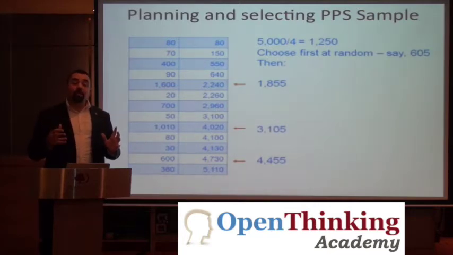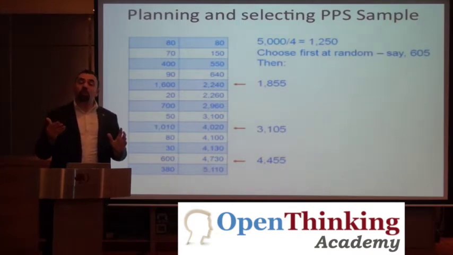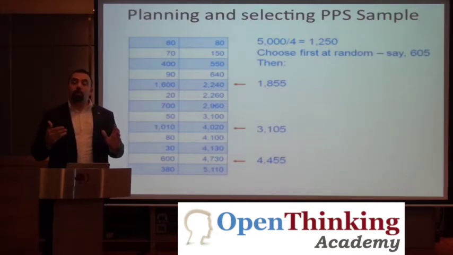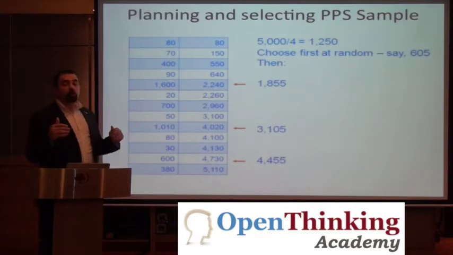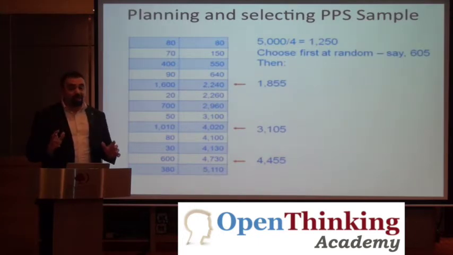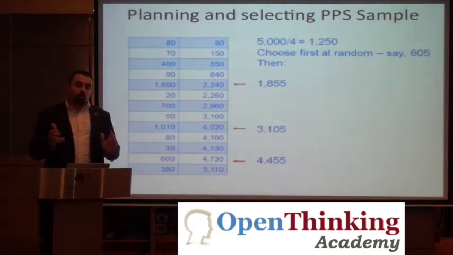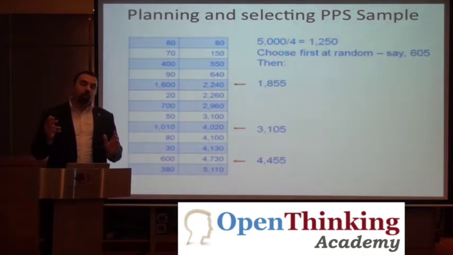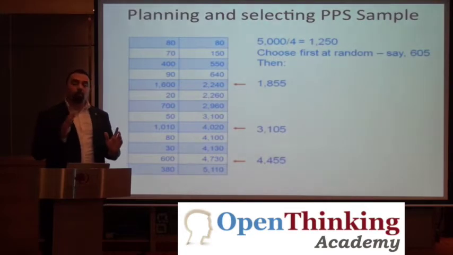So we want to say every time the organization processes $1,250 worth of invoices, we need to ensure that they are following the right procedure. We are not interested in the number of invoices, we are interested in the dollar amount. So if the focus is on the dollar amount, we look at probability proportional to size.